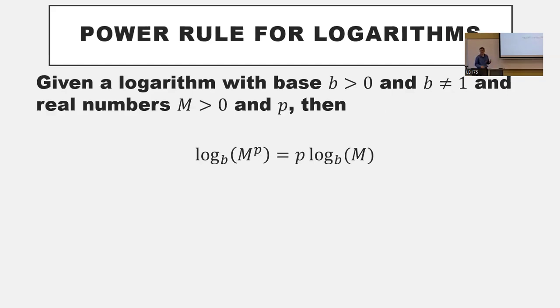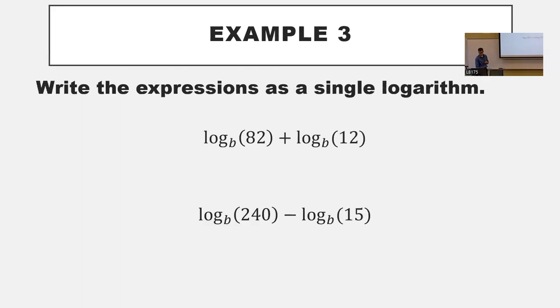And then we saw this power rule for logarithms, that if I take log base b of m to a power, I get that power times log base b of m. We also saw the change of base rule for calculating log of any base of a number as well.